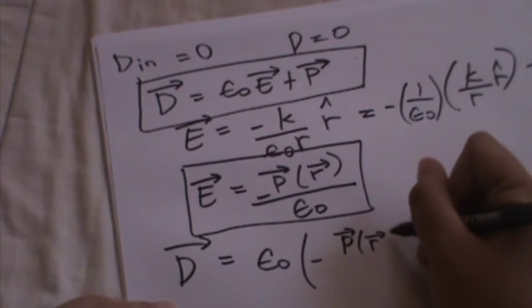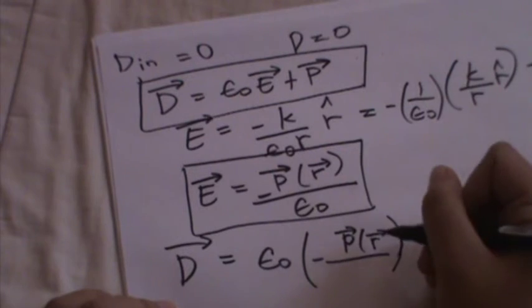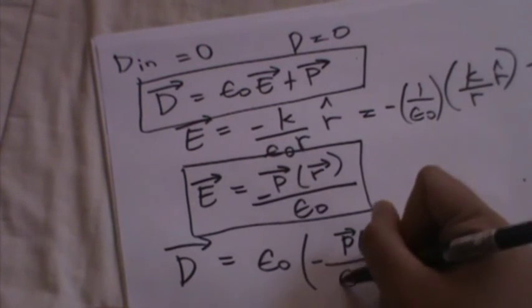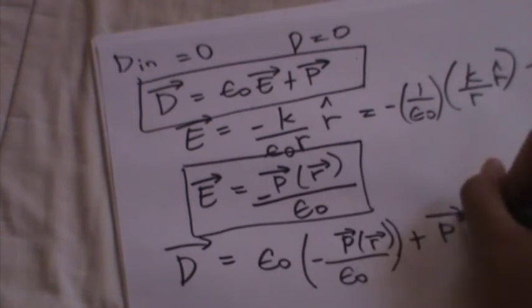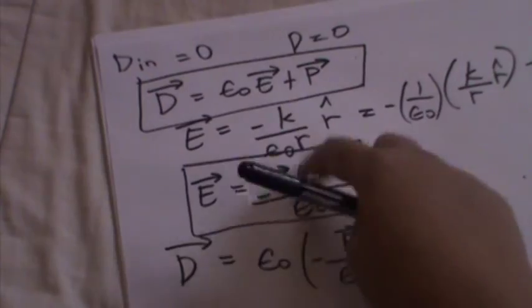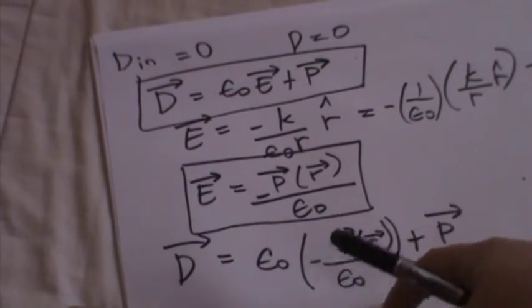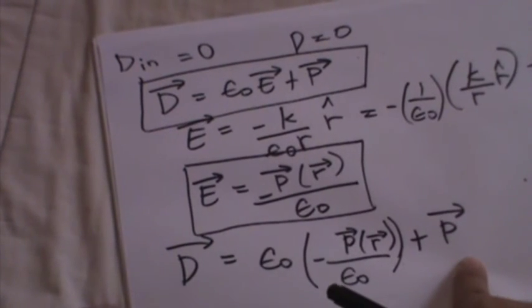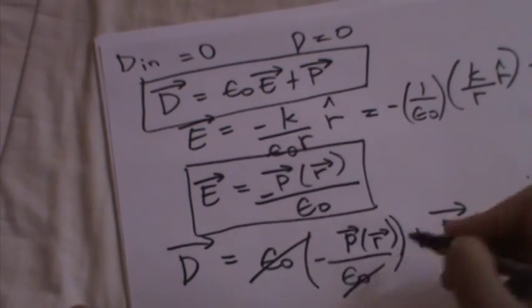I don't know if you like to put R or not, it's just okay. Epsilon naught times E, substituting this one, and finally plus P. Now we can cancel epsilon naught.